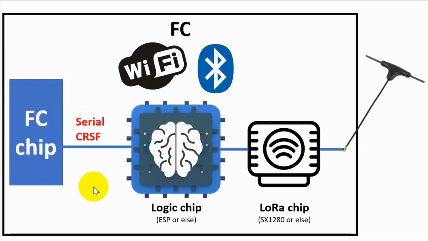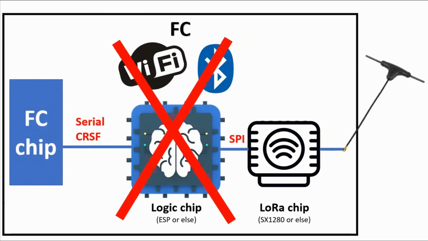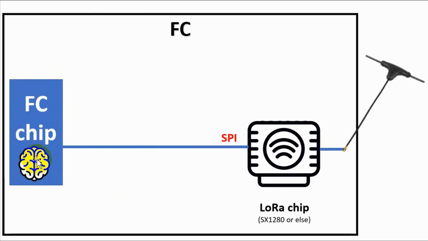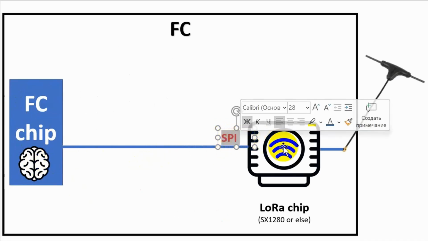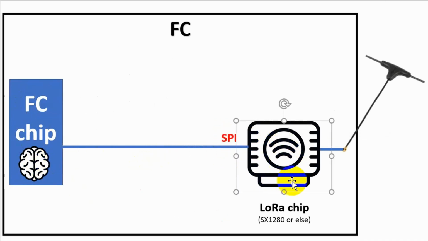And finally we came to SPI. What if we want to make this schema simpler, cheaper or more lightweight? We can get rid of the logic chip, because we can put all the logic into the flight controller chip. Because it can. And here we've got finally SPI. Why SPI? Because the interface of the LoRa chip is SPI.